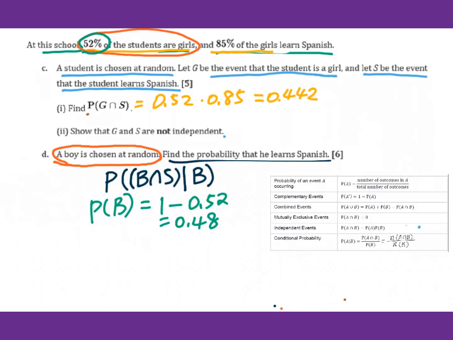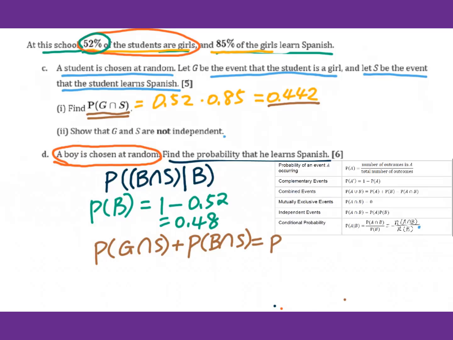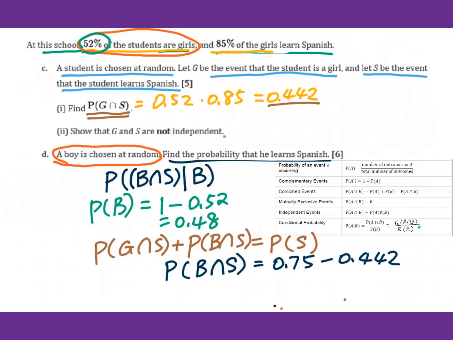Since we already figured out the probability of girls and Spanish, that is 0.442. And probability girls and Spanish plus probability boys and Spanish equals probability of Spanish. In other words, we can plug in probability of boys and Spanish equals 0.75 minus 0.442 equals 0.308.